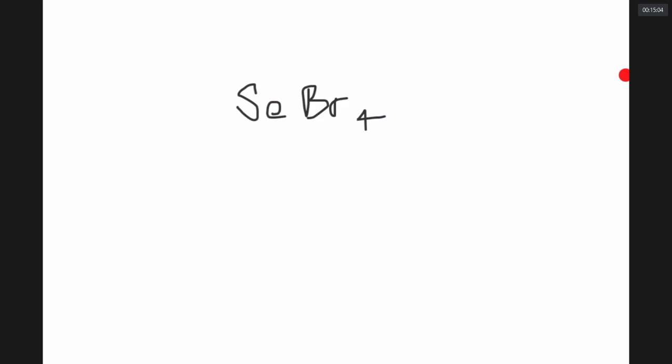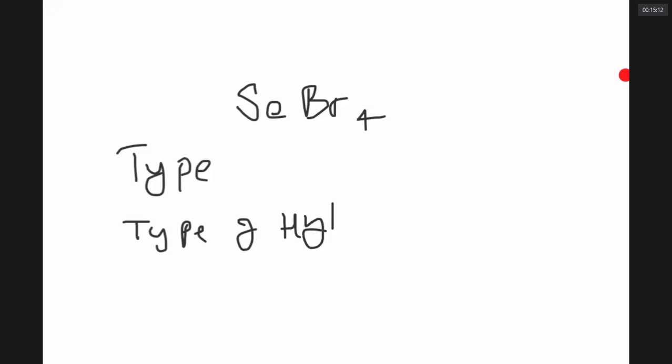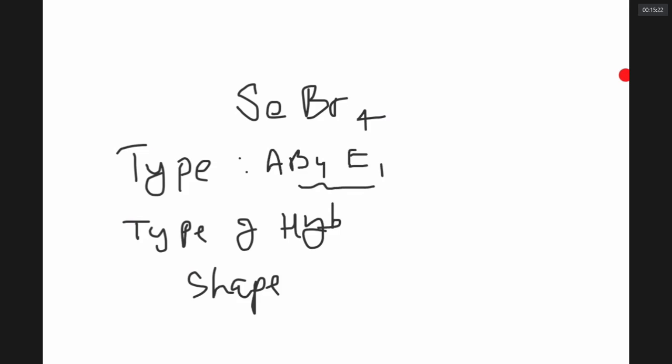What is the type and the shape of the molecule? AB4E1. The type of hybridization is sp3d, since X plus Y value is 5. So what is the shape?